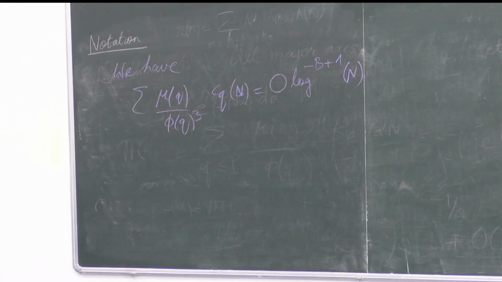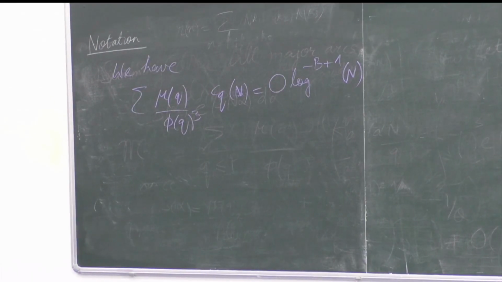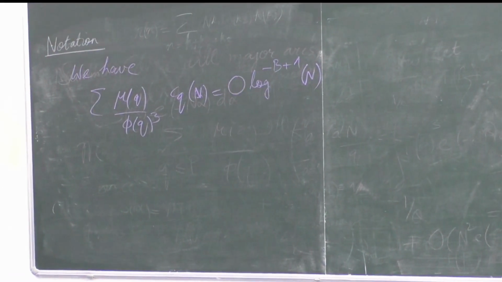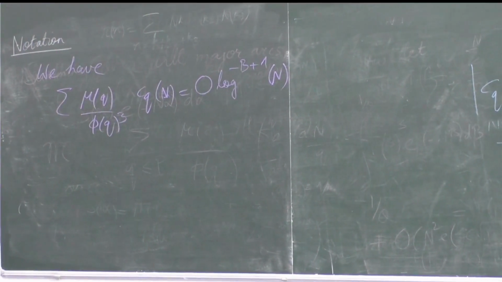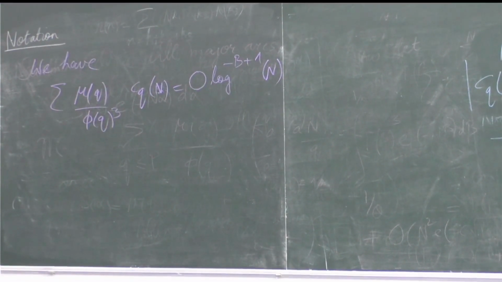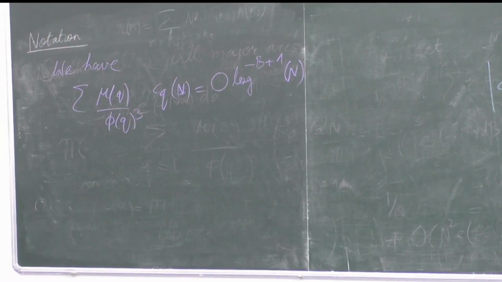I still have a bit to do before I finish the major arc, because I still have to calculate T of beta. Maybe we can do that in the second part. We keep it like this.